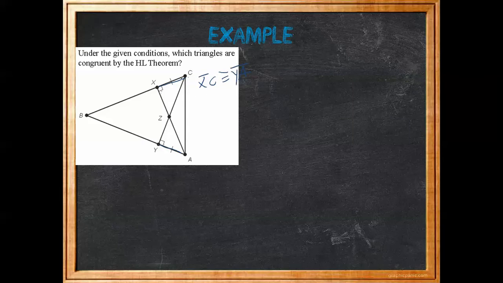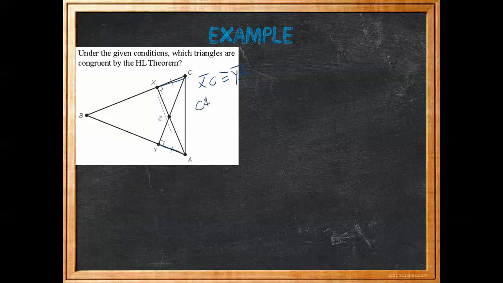Now, if we look here at the hypotenuse, CZ is the hypotenuse of this little triangle, and ZA is the hypotenuse of this other little triangle. We don't know that those are congruent, because we don't have the little hash marks. So let's look at the big one. Here, the hypotenuse for the big triangle is CA, and here the hypotenuse for the big triangle is also CA.